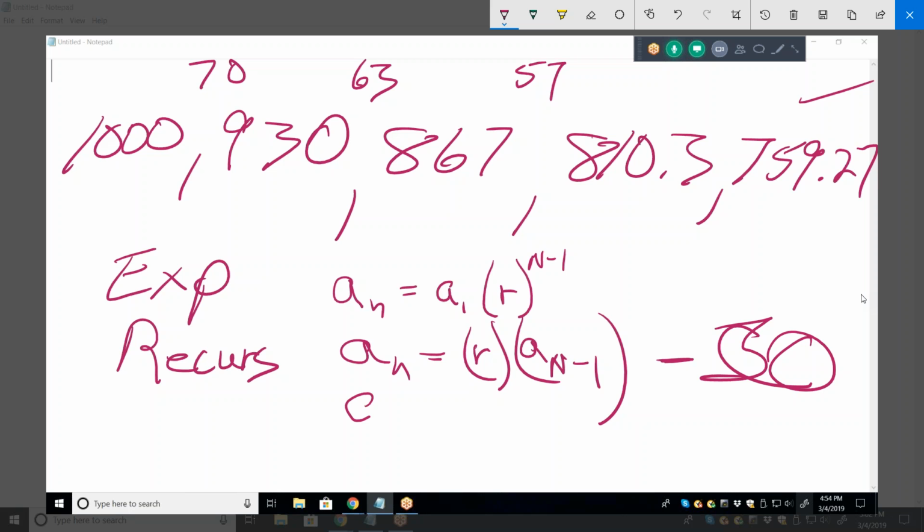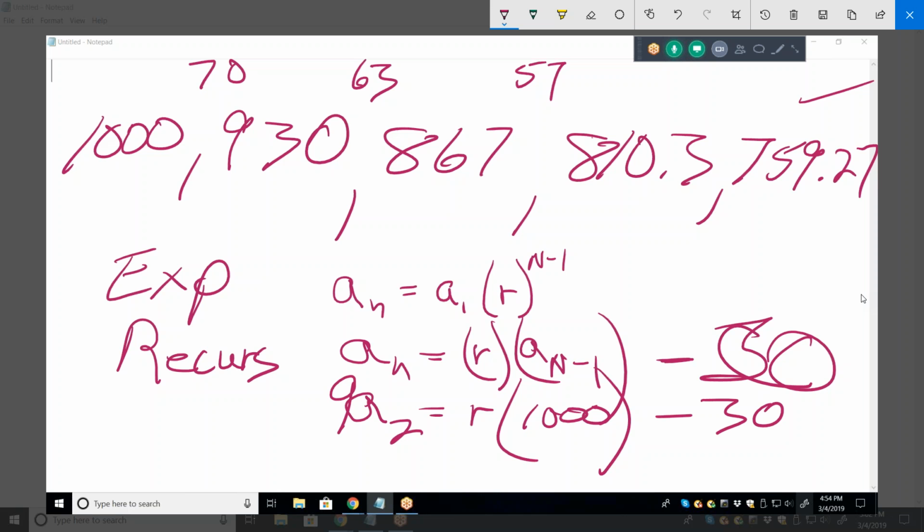So a sub 2 should be equal to r times a sub 1 minus 30, and you're saying r is 0.9. Well, we'll solve for r. We know a sub 2 is 930.